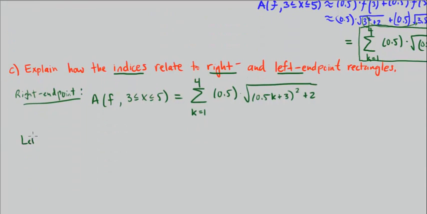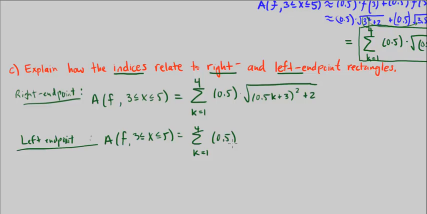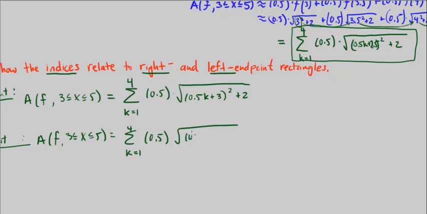The left endpoint. When we did left endpoint rectangles, we got the area of f between 3 and 5 is equal to the sum from k is equal to 1 to 4 of 0.5 times the square root of, this time, 0.5k plus 2.5 squared plus 2.